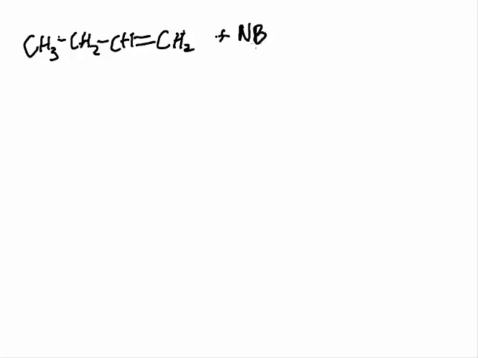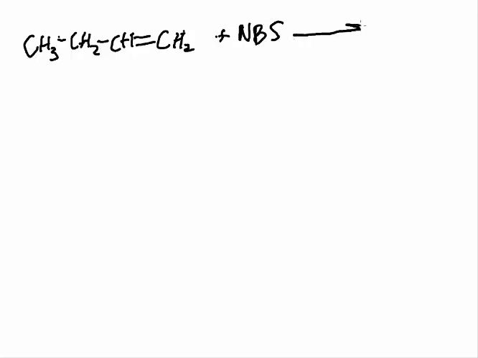So let's take this compound. Okay, and I'm going to mix with it a 1-to-1 mole ratio of an allylic halogenating agent, NBS, N-bromosuccinimide.